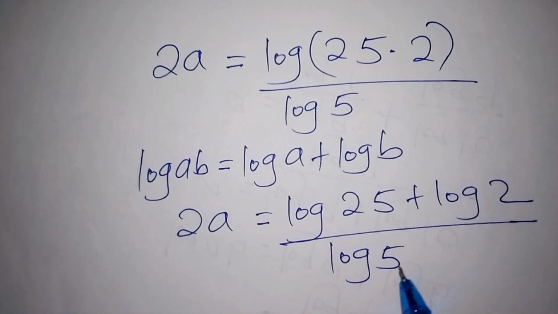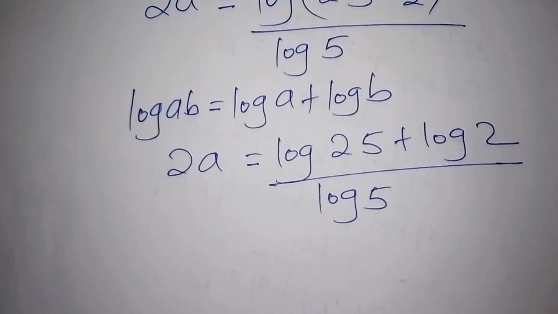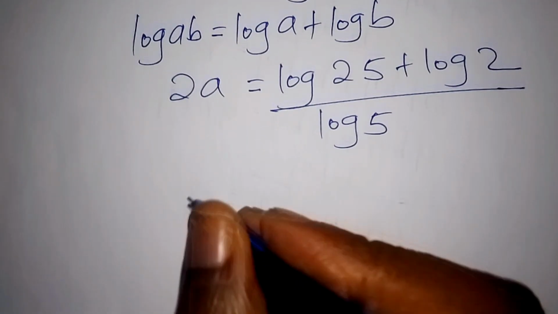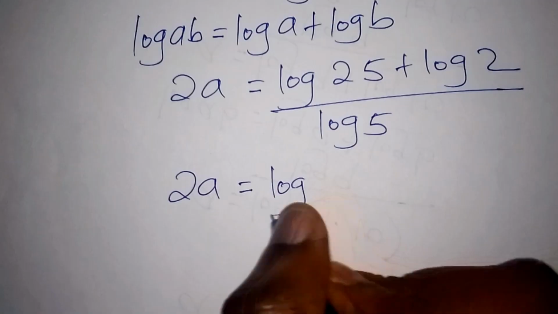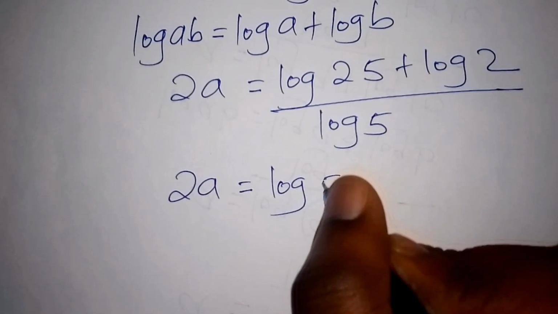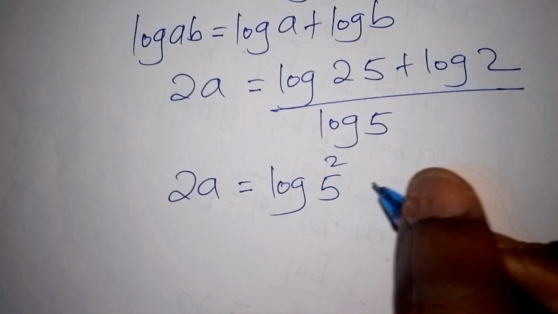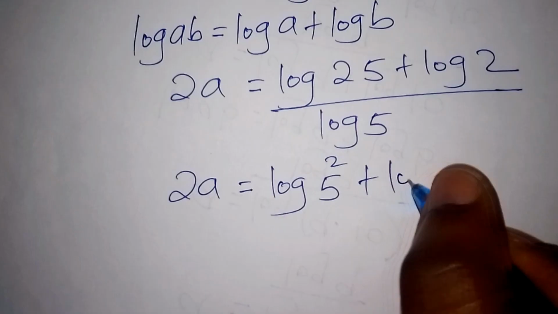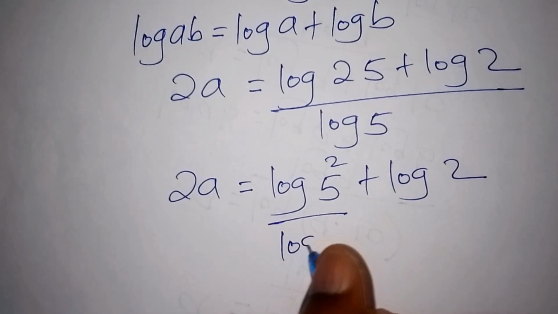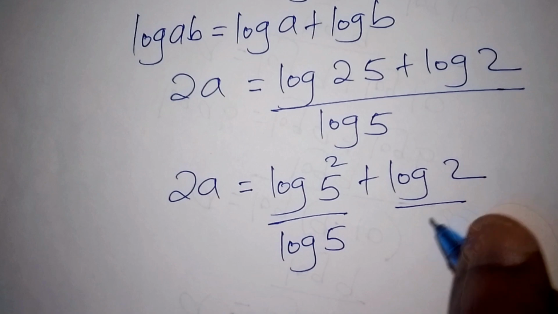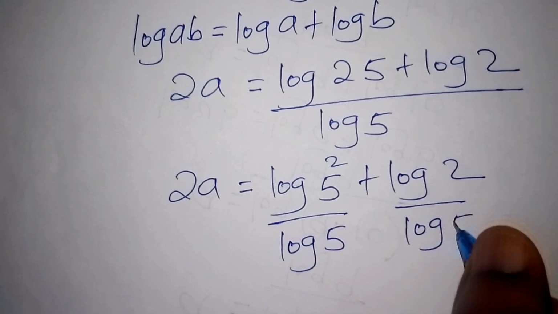We shall now divide both sides by the log of 5. So our value for 2a is equal to the log of 25, which can also be written as the log of 5 to the power of 2, plus the log of 2, all divided by the log of 5.